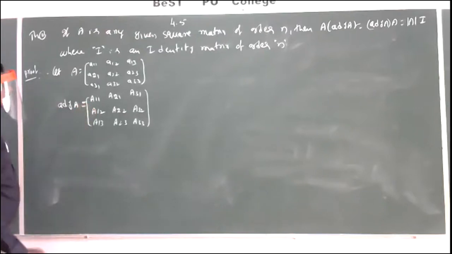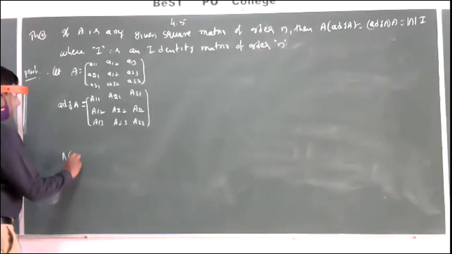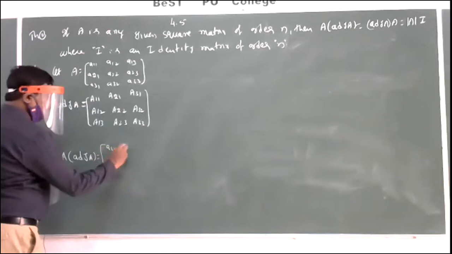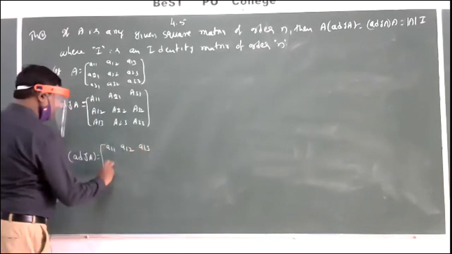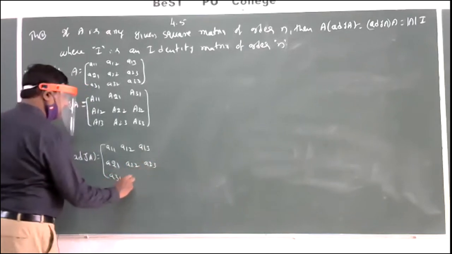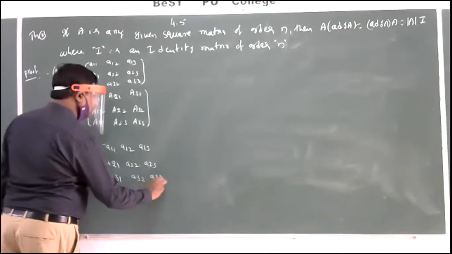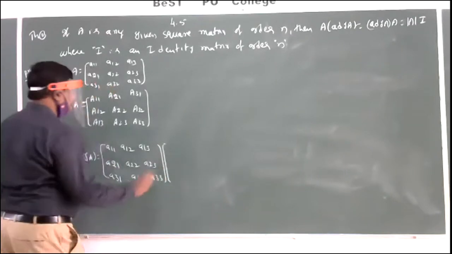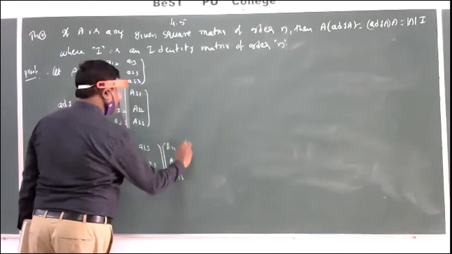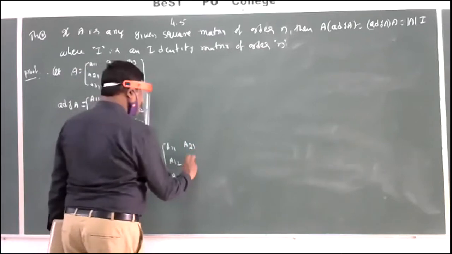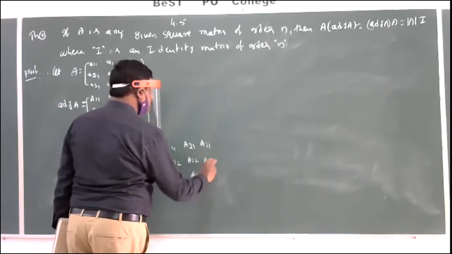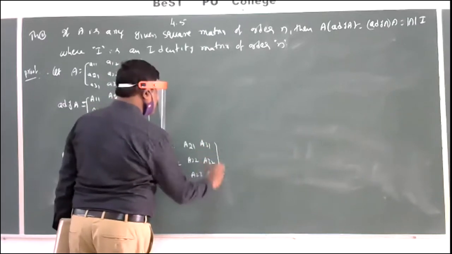Now, A into adjoint A, that equals the matrix A into the adjoint A matrix.